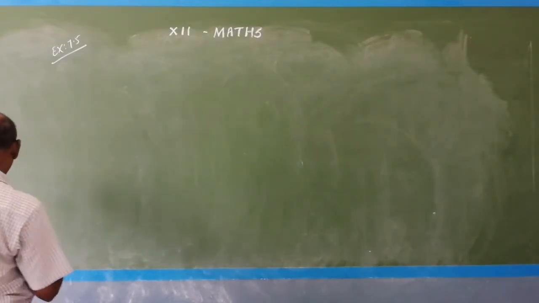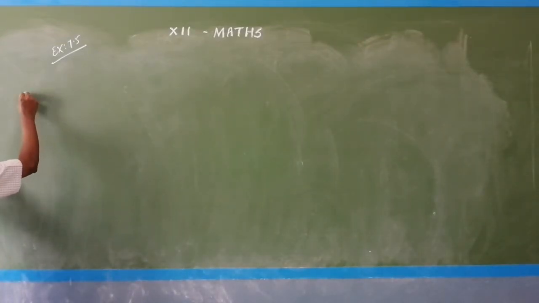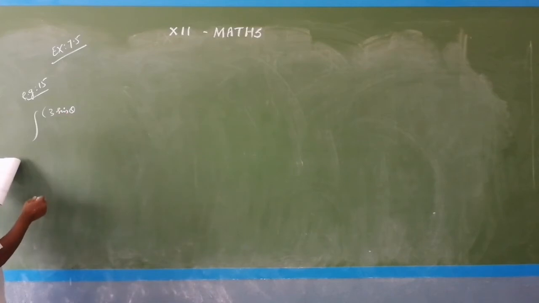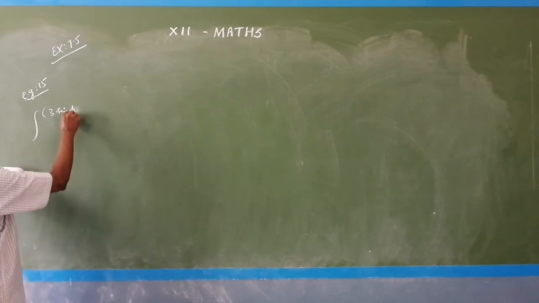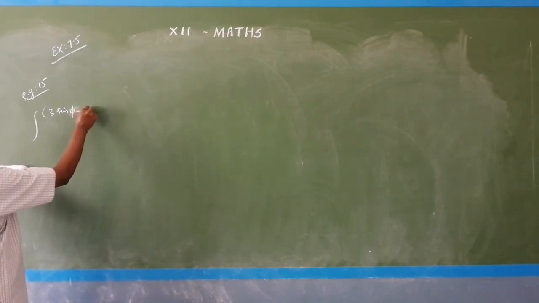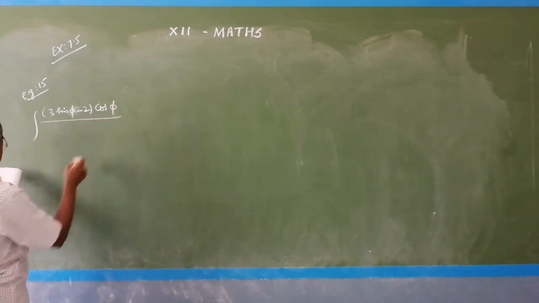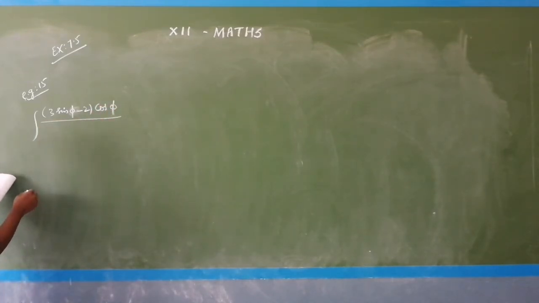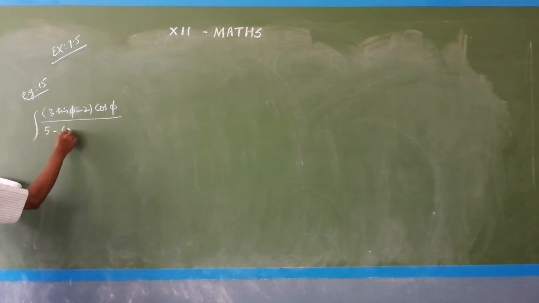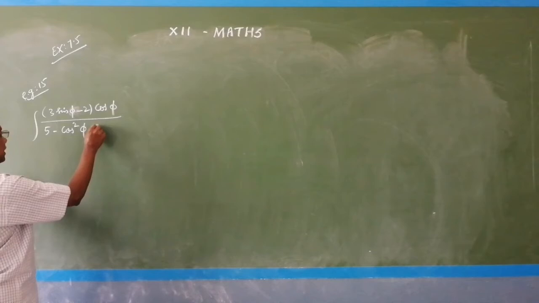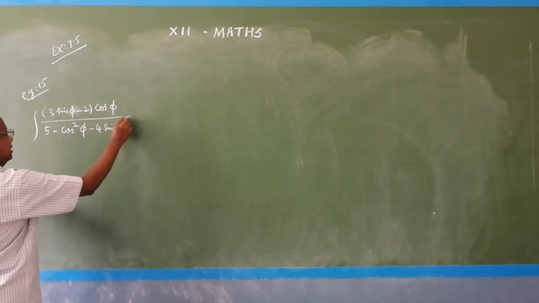Now, example 15. We are given the integral of (3 sin phi minus 2) into cos phi, whole divided by (5 minus cos square phi minus 4 sin phi) d phi.